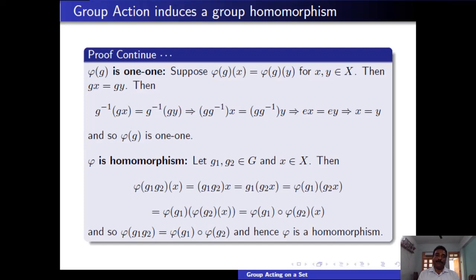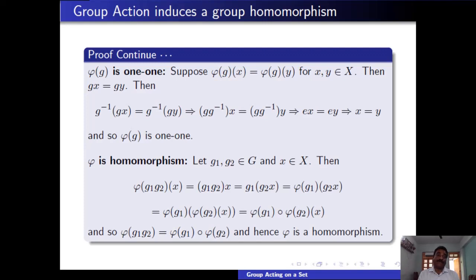Now applying the second property of group action, which is same as g g inverse x is equal to g g inverse y. But g g inverse is the same as identity, so we have ex is equal to ey, which implies x is equal to y by the first property of the group action. So therefore, phi of g of x is equal to phi of g of y implies x is equal to y. Therefore, phi of g is one-one.